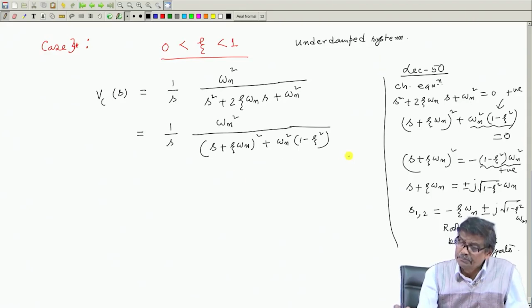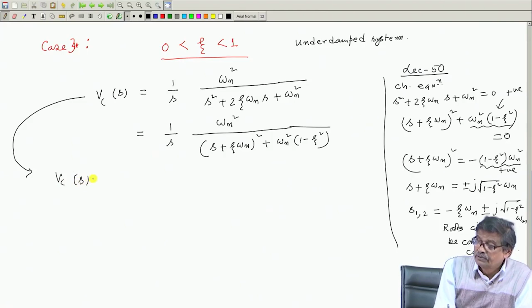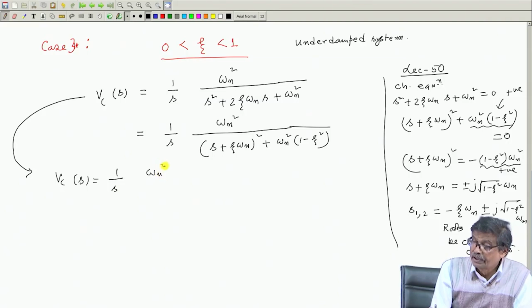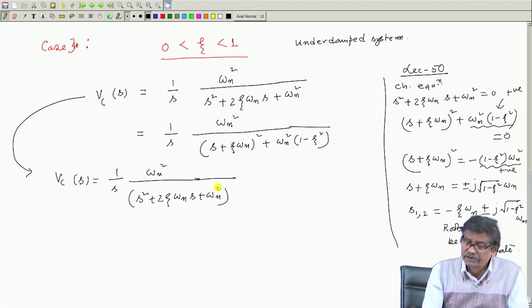Now, VCS is equal to 1 over S, omega n square divided by S square plus 2 zeta omega n s plus omega n square, and let us do partial fraction expansion.